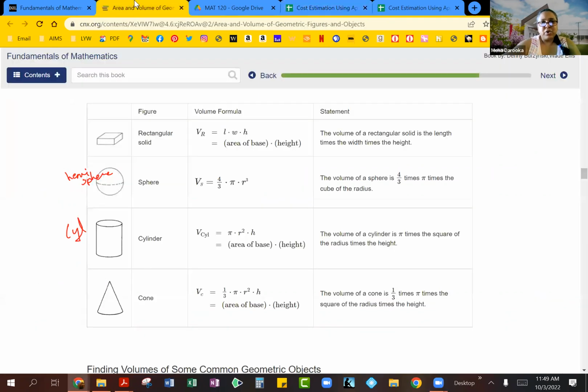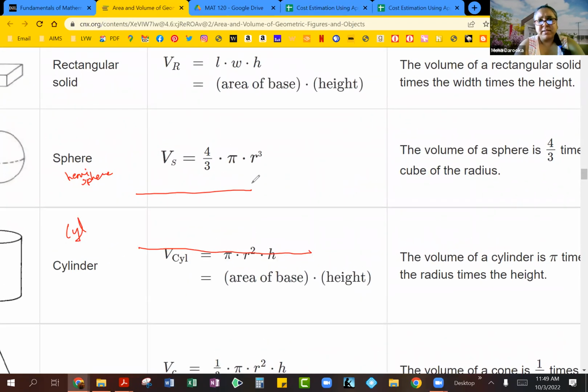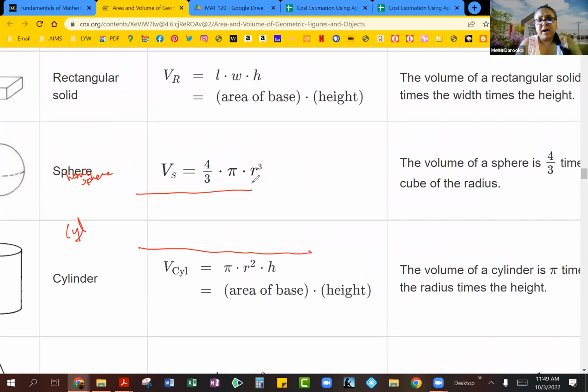So obviously they're asking us to find the volume. And again, just to show you, we are talking about a cylinder and a sphere. So these would be your formulas for a cylinder and for a sphere. So 4/3 pi r, and that should be cubed on the sphere. So basically you're taking your radius to the third power, multiplied by pi, and then 4/3.